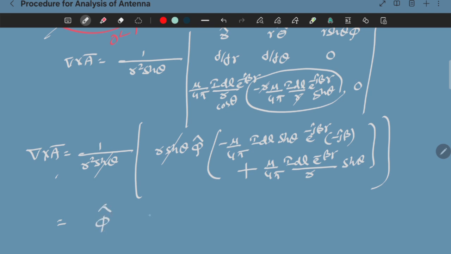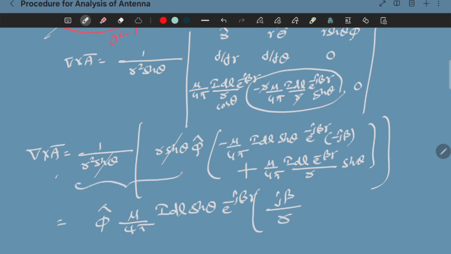φ cap into, I'm writing the common terms, μ/4π · Idl sinθ · e^(-jβr), remaining is 1 jβ, and from this part we have r, plus μ/4π · Idl e^(-jβr) sinθ is taken outside.